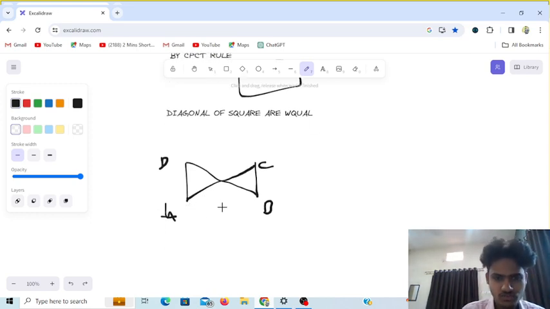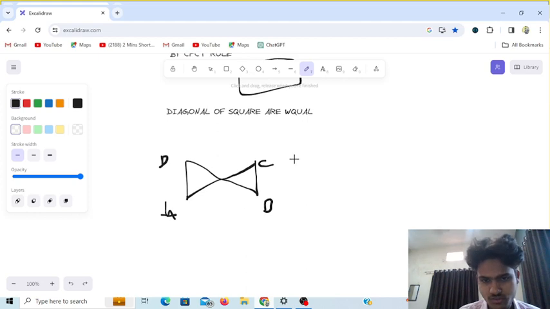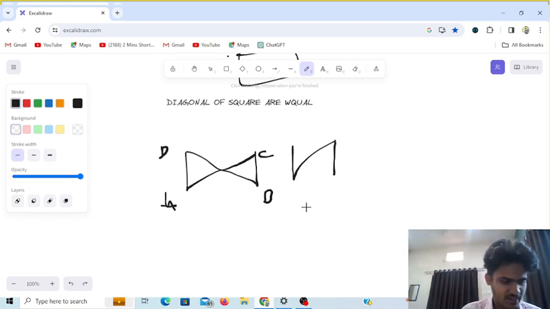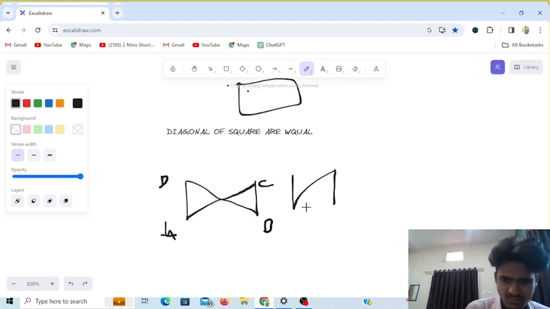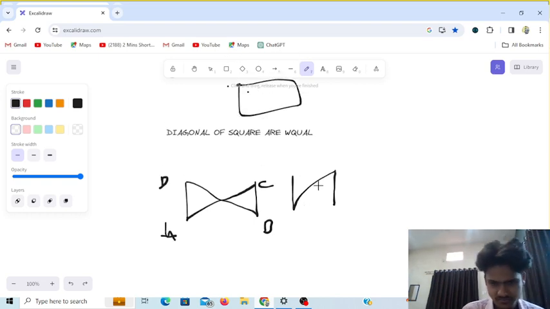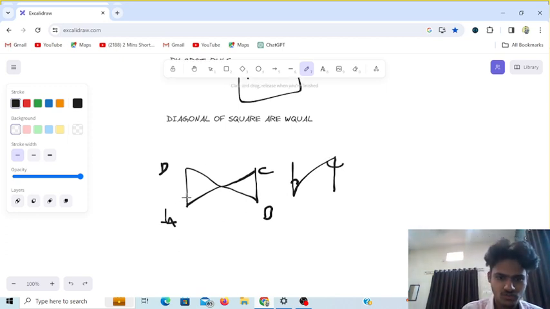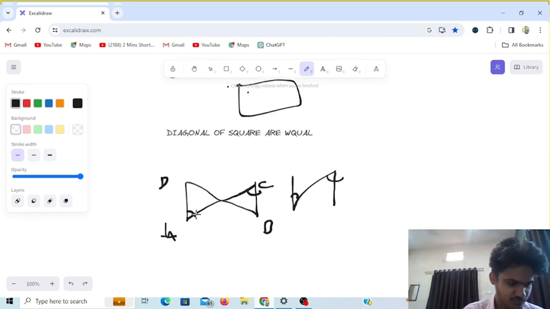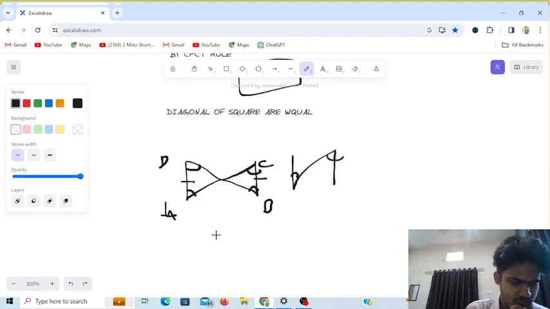Okay, and as you know, in the triangles, the alternate angle means this angle is similar to this angle, and this side is similar to this side. This angle is similar to this angle because of the alternate angle.